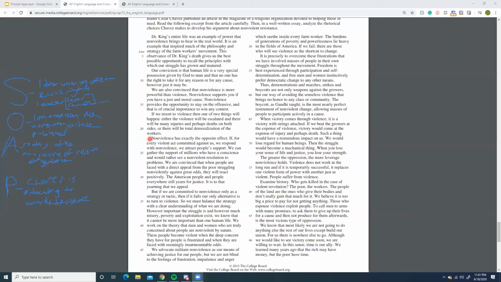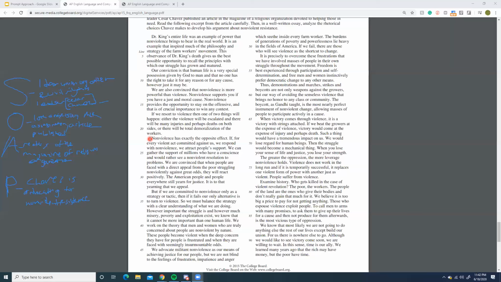We work on the theory that men and women who are truly concerned about people are nonviolent by nature. These people become violent when the deepest concern they have for people is frustrated and when they are faced with seemingly insurmountable odds.